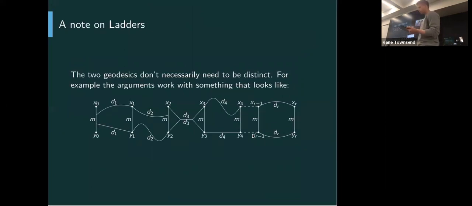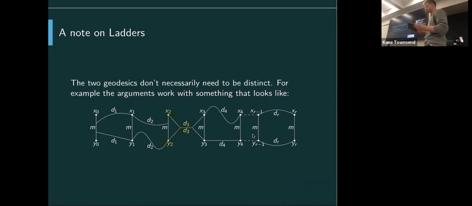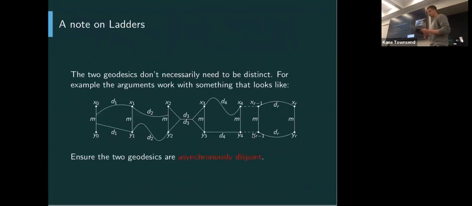They've got meeting spots like here, but the key part is that they're distinct at these x2, y2 points. I don't want to go into details of that because it gets slightly messy, but all the arguments are exactly the same. What we call these are asynchronously disjoint geodesics.